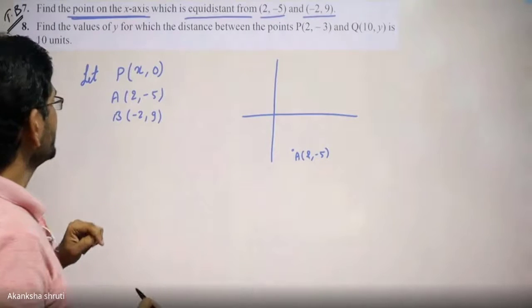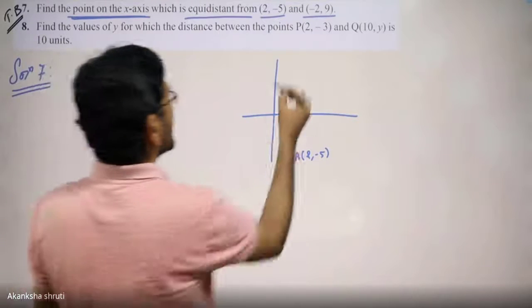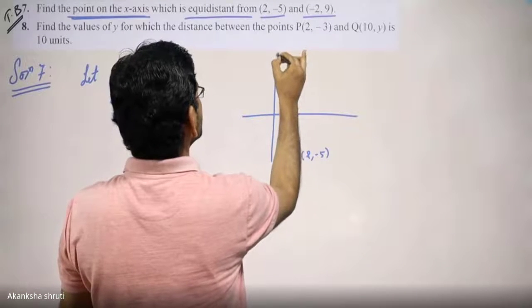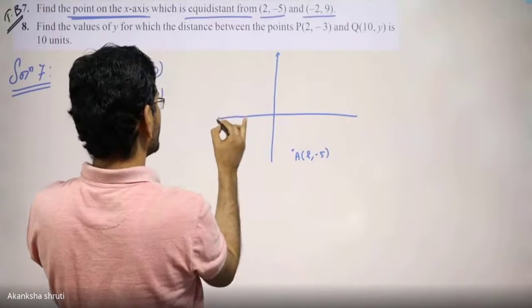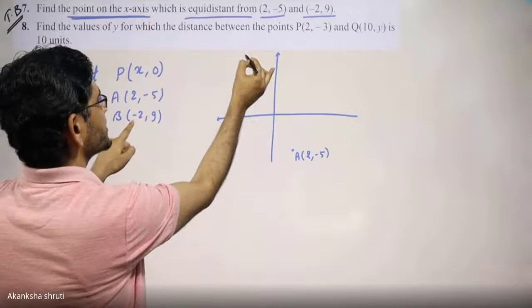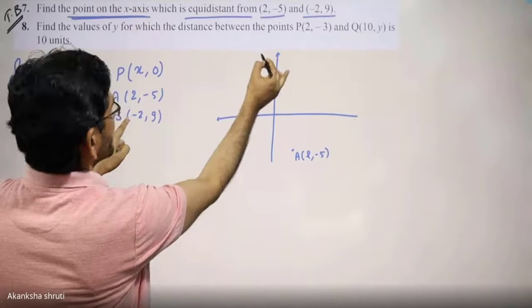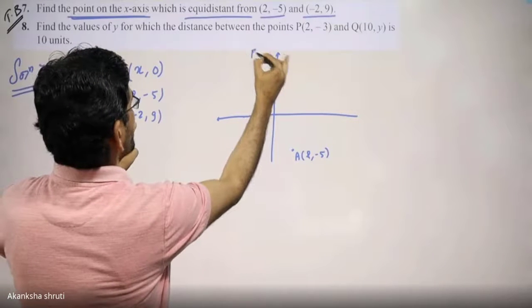And B, x is negative, so for this point B we have to come on this side. y is positive. So somewhere here is the point B.